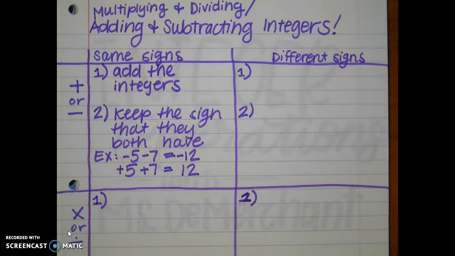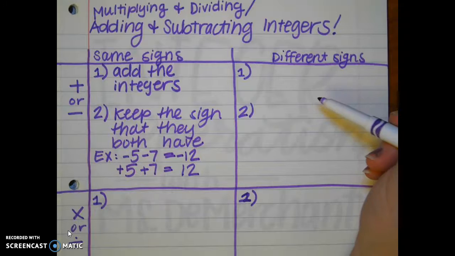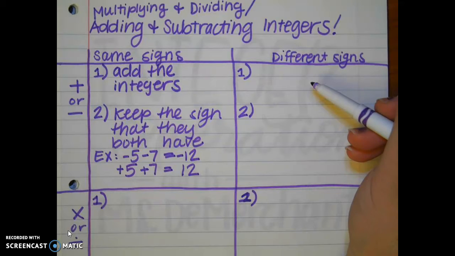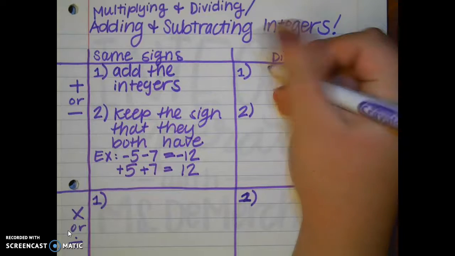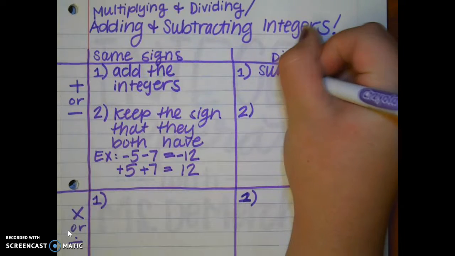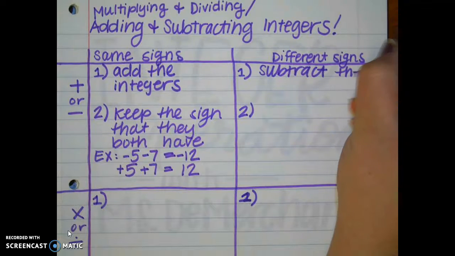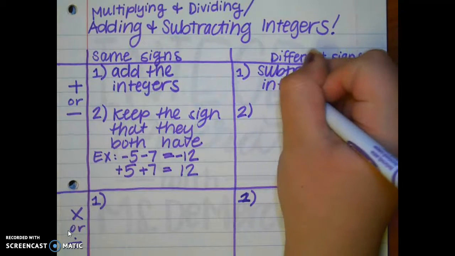All right? But now this is where it gets tricky and some people get caught up. Adding and subtracting with different signs. We're going to do the opposite. We're going to subtract the integers first.